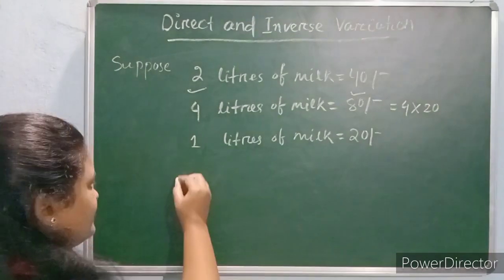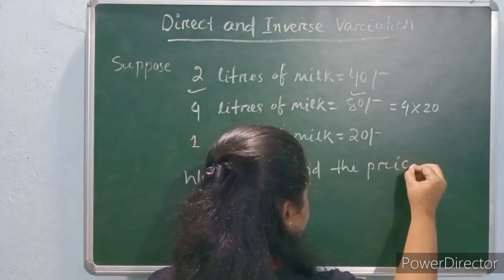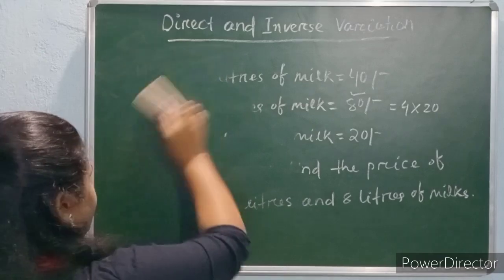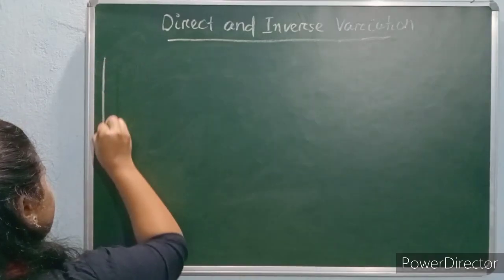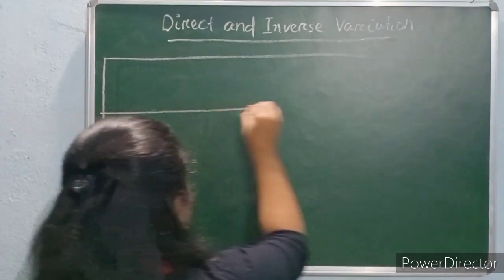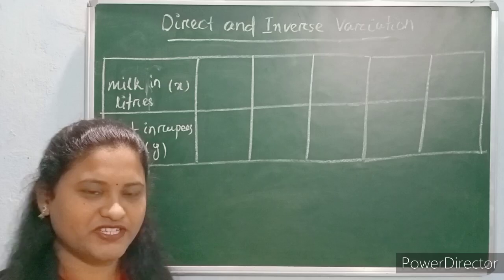Here we have the task of finding the price of 5 liters and 8 liters of milk. I am taking these values in a table so you can easily see what is going on. Now we will fill up this table.